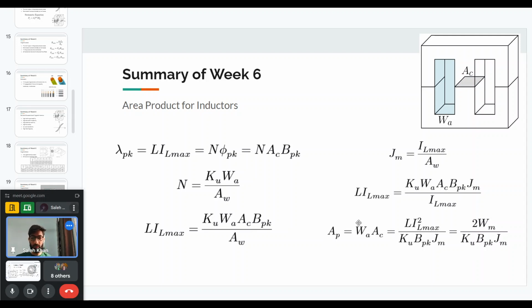So once we have a particular application, we can specify what will be Ku, what will be the B peak and Jm. And if we know the inductance required and the current, we can find the area product, and then we can look at the area product of different cores, and then we can choose our core accordingly.